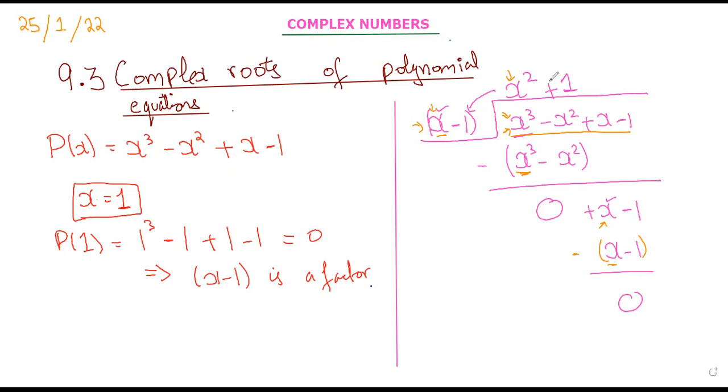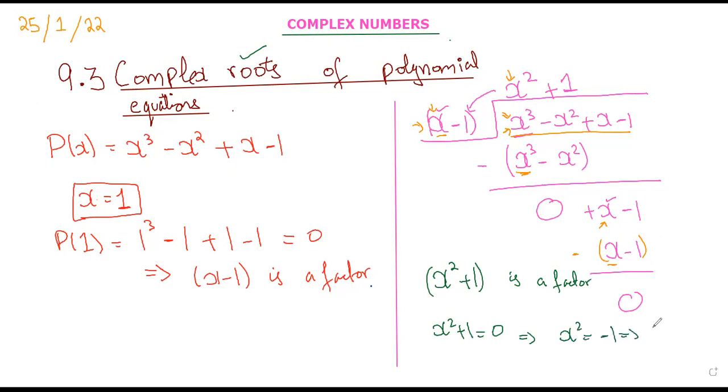So what is the factor which we are getting? We are getting x square plus 1 as the other factor. And what is the root? We are talking about root. So x square plus 1 equals 0 is the root. This implies x square equals minus 1.